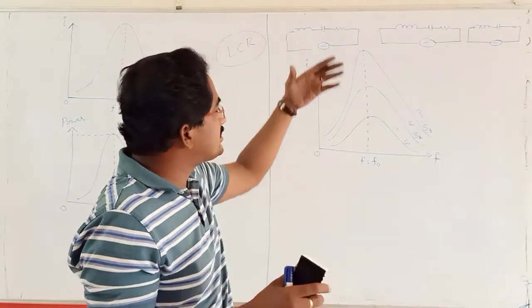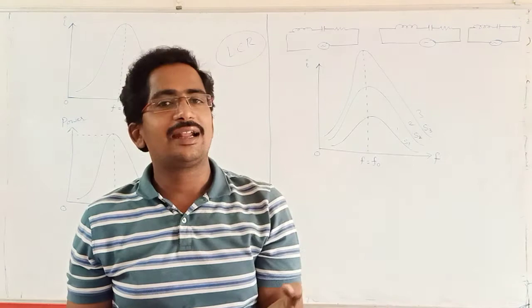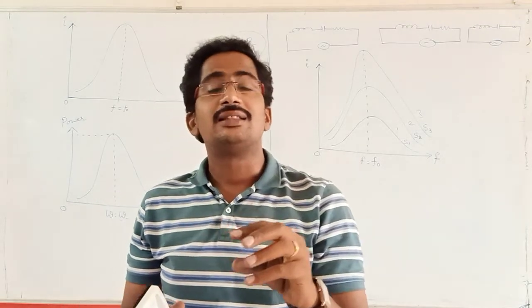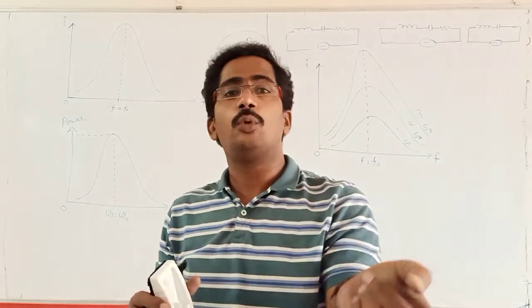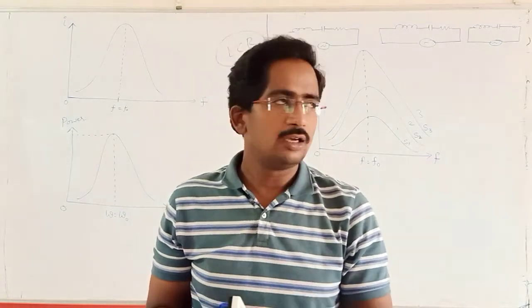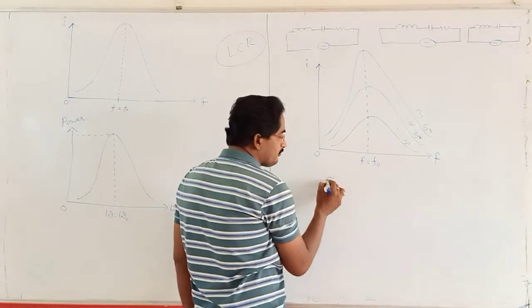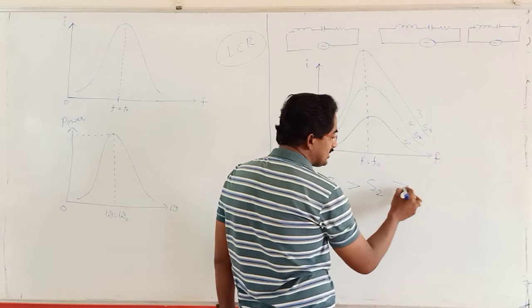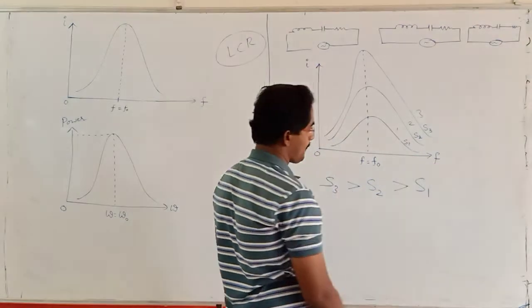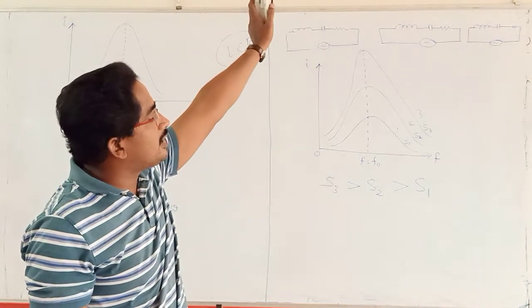By that, among these three, which one has more selectivity? Whichever circuit has more sharpness will have more selectivity, right? So among these three, selectivity of the third one is greater than selectivity of the second one, which is greater than selectivity of the first one, because sharpness is more for the third one.